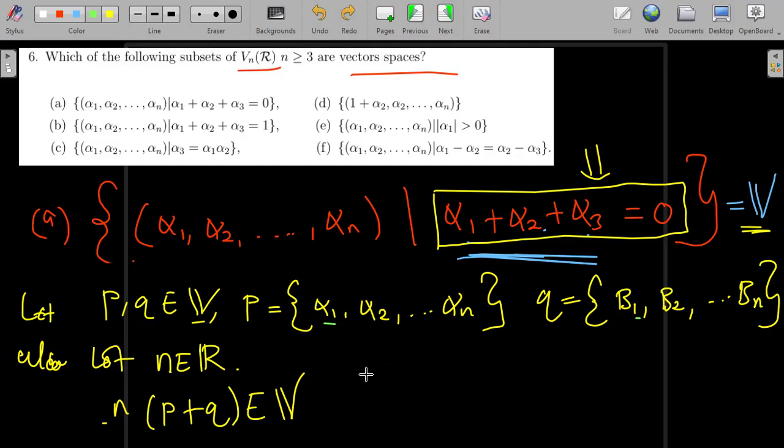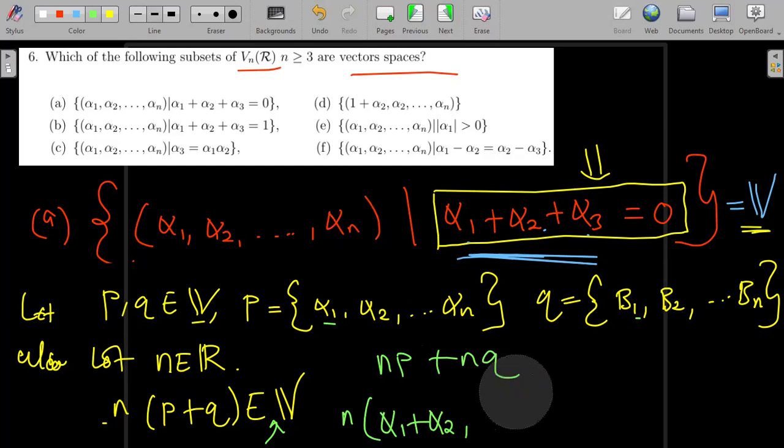If I distribute it, it's going to be nP plus nQ, right? So we want to check if this is a member of that. So n will be equal to alpha 1 plus alpha 2, plus, oh, before I say that, let me say this.